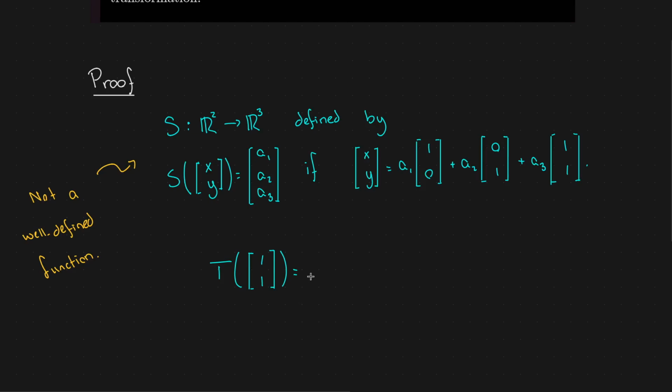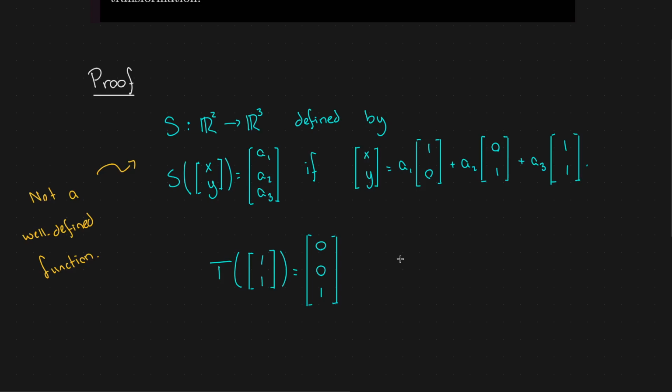Well, of course, I can make my coefficients 0 for a1, 0 for a2, and 1 for a3, right? 0 plus 1 times (1, 1) is equal to (1, 1). So (0, 0, 1).